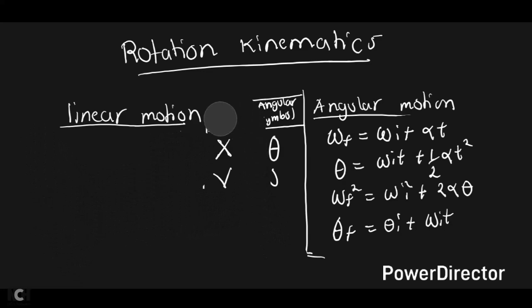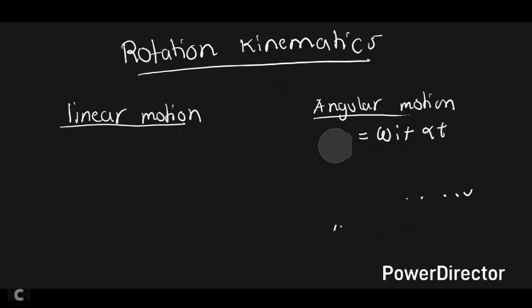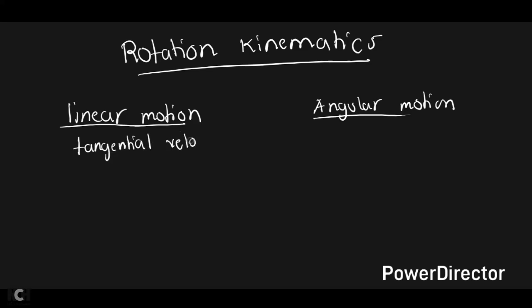If you have been given something like they ask you to convert from the angular to linear, most of the time they usually ask in this way, like tangential, linear, something like that. For example, if they say tangential velocity, or if they say tangential acceleration.